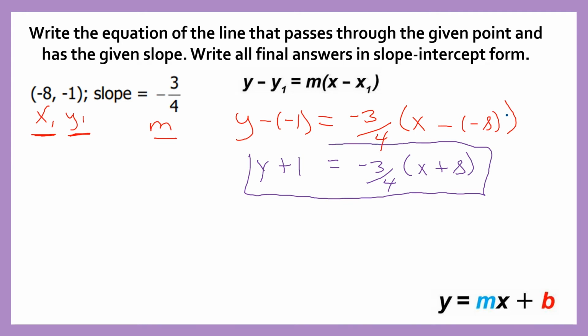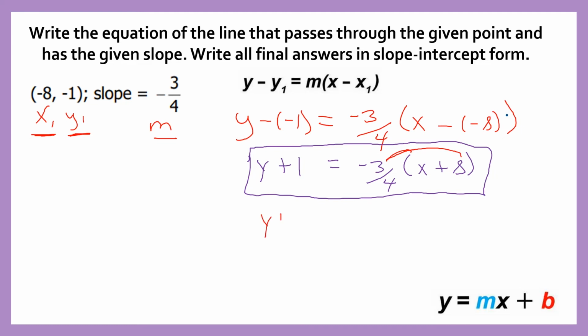Now I want to convert this equation in point-slope form to slope-intercept. So what I want to do is simply solve this equation for y and get rid of the parentheses on the left-hand side. So I'm going to distribute this -3/4.